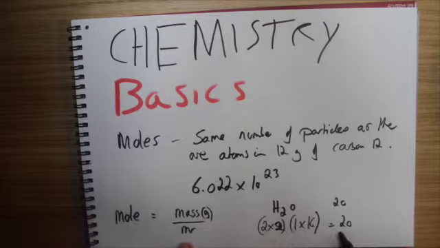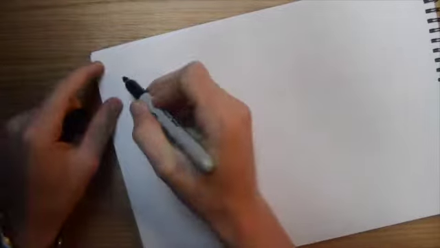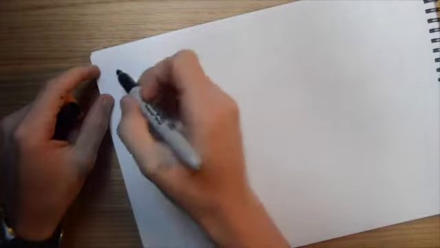We use that there if it was water. But if we're talking about liquids, usually water is a liquid, but if it was ice, we would use the solid formula there.